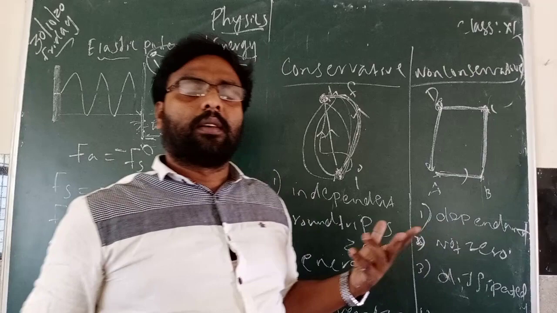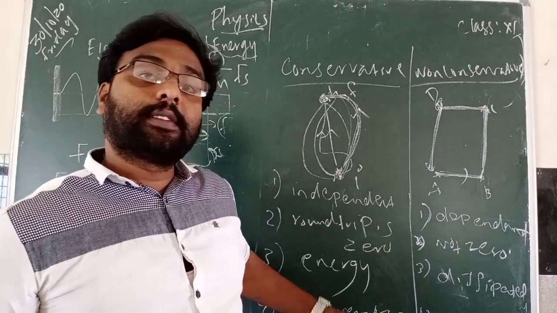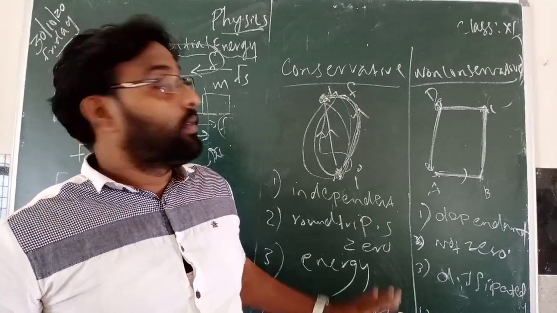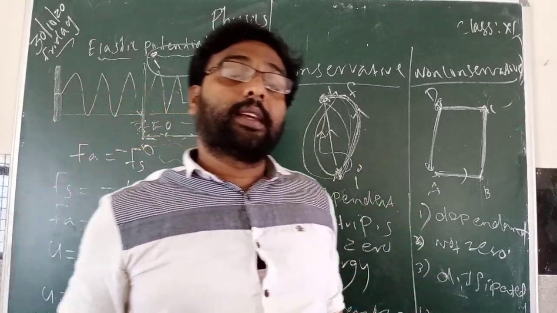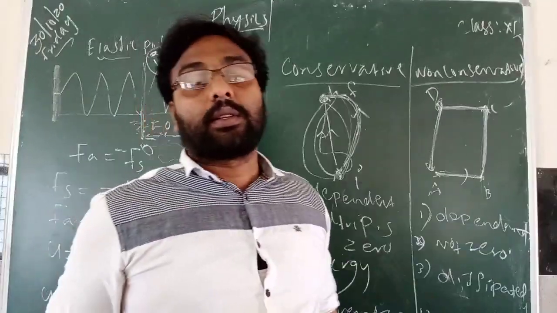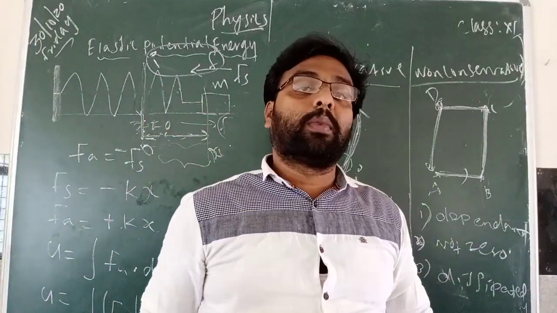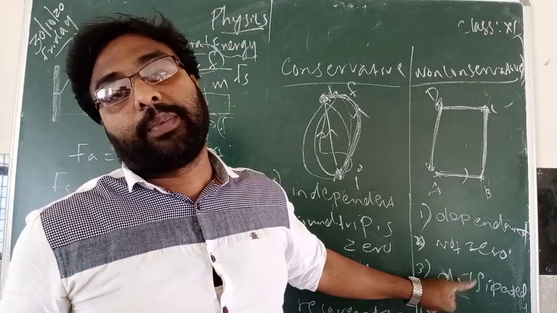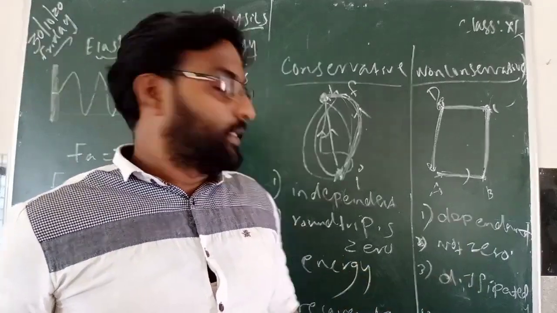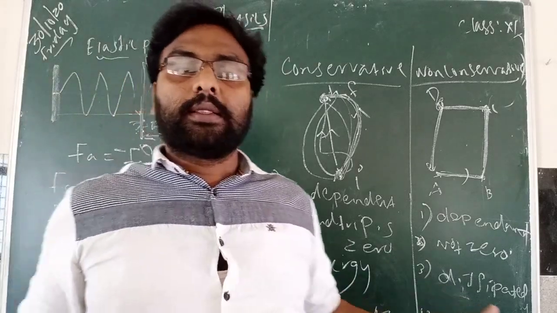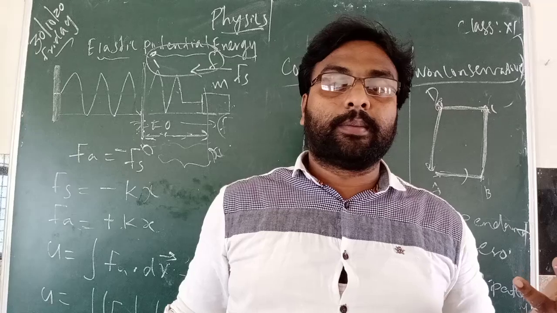Energy is completely recoverable with a conservative force. With a non-conservative force, energy is not completely recoverable because energy is already lost, dissipated as heat energy. Here, total energy is constant, so energy can be recovered.